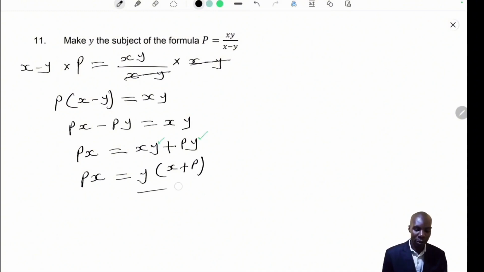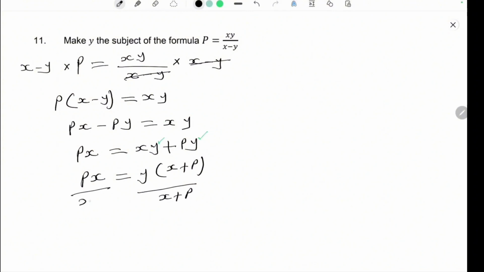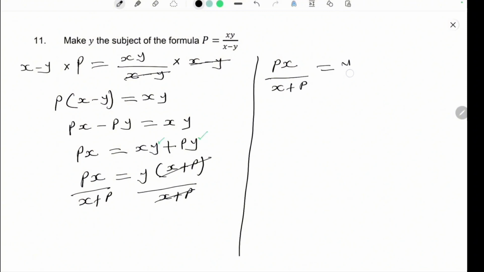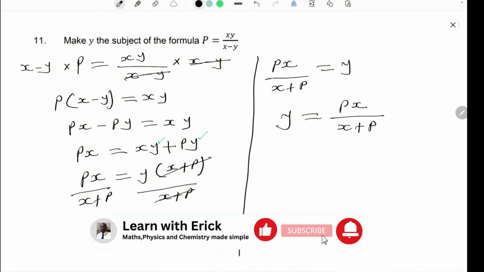Then you can divide both sides by x plus p. This one will cancel with that. So we are left with px over x plus p equals y. So our y is equal to px over x plus p. That is the answer for that.